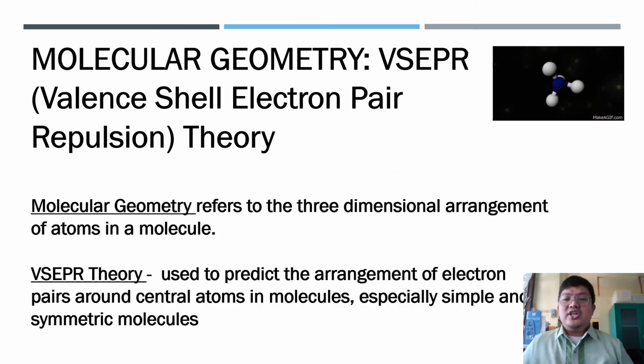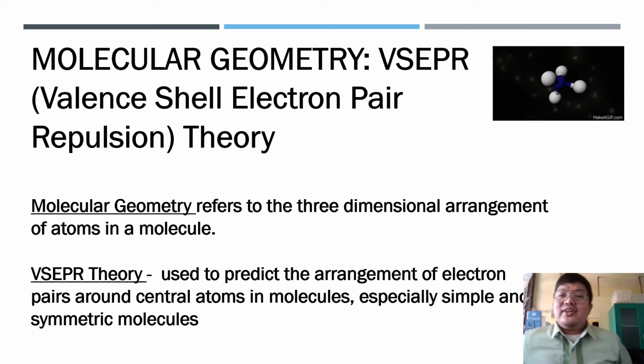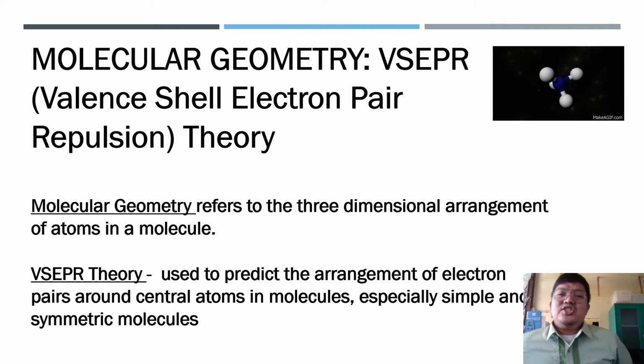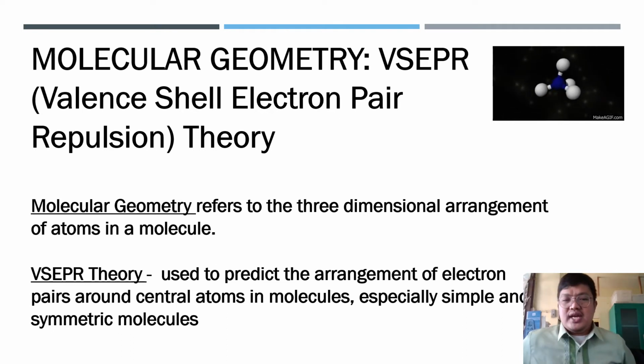Now, what is molecular geometry? The molecular geometry in chemistry is represented by the VSEPR or the valence shell electron pair repulsion theory. Molecular geometry refers to the three-dimensional arrangement of atoms in a molecule. So as I was saying in the previous slide, a molecule is not two-dimensional, it's always three-dimensional. Now, what is VSEPR theory?